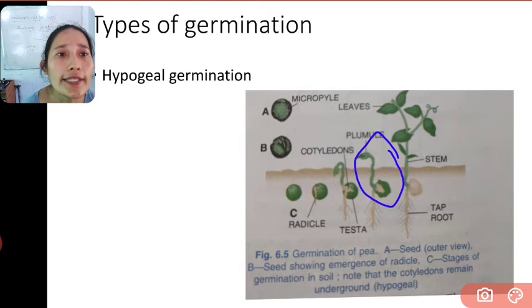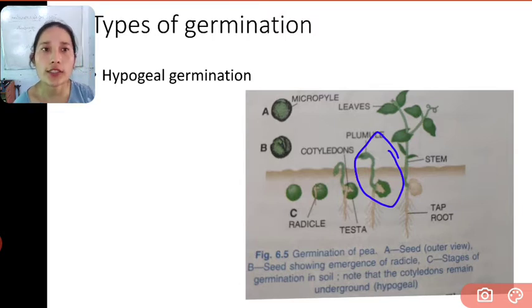Now if you look at the diagram properly, your plumule has already extended outside the soil, but your cotyledon is still there on the ground, that means inside the soil. So this kind of germination is known as hypogeal germination.